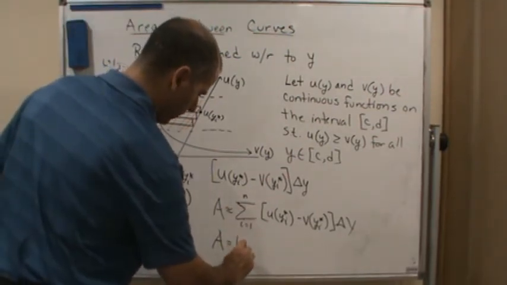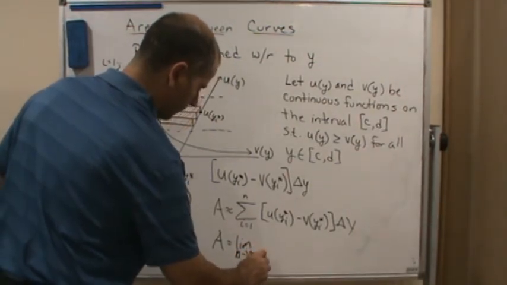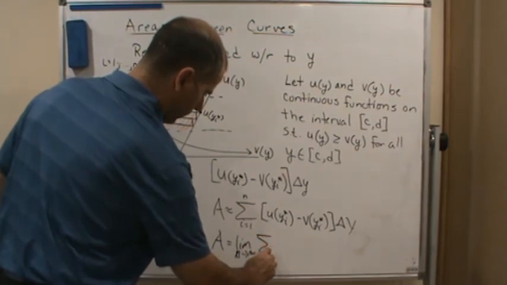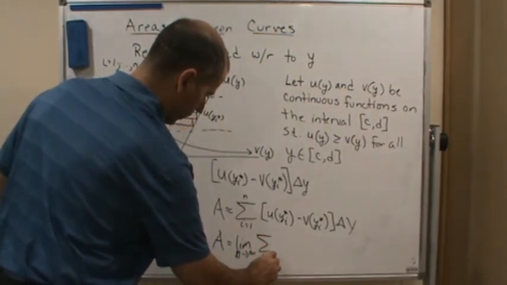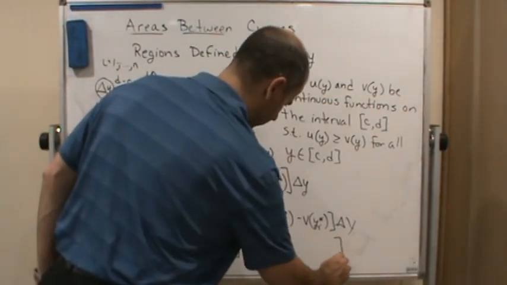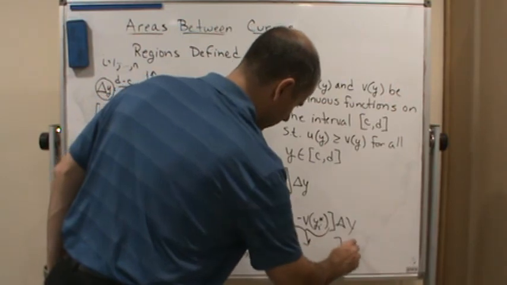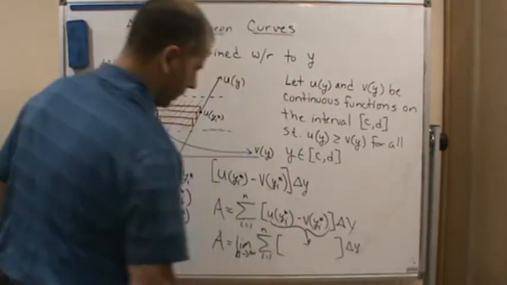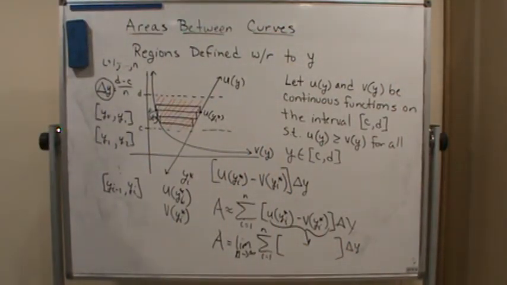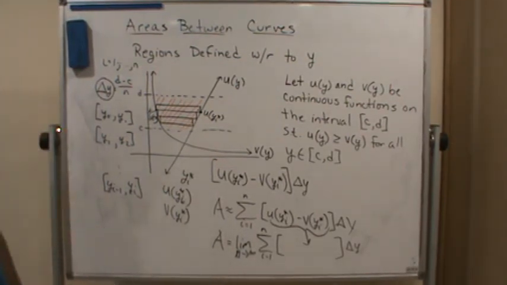So this would be the limit as n approaches infinity of the summation from i equals 1 to n of this entire thing, times delta y. And of course, that becomes our integral. But now it's just in terms of y.